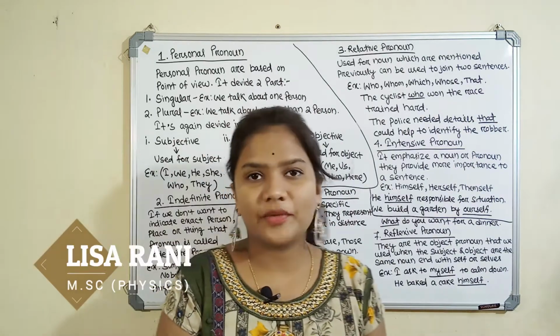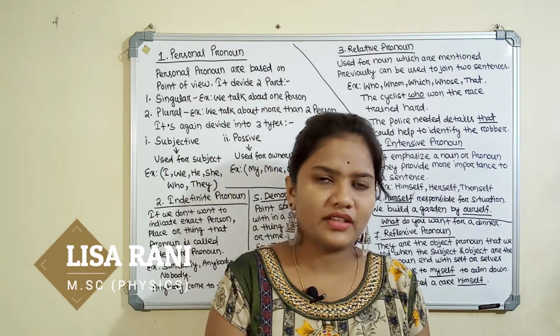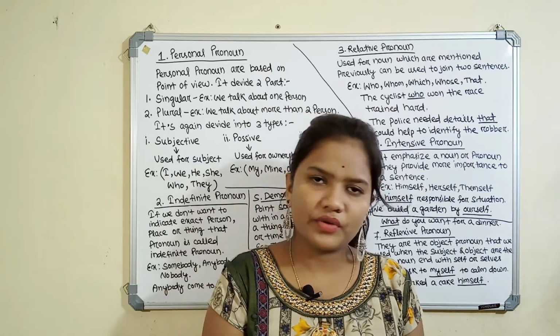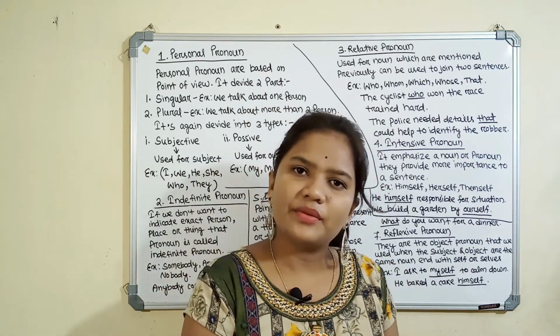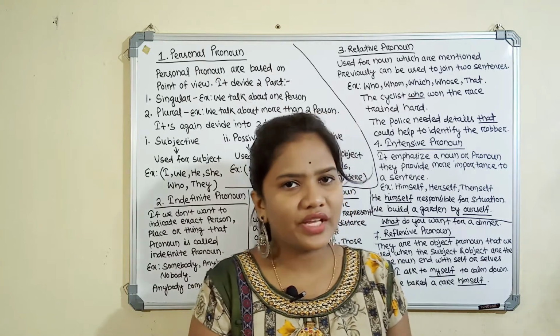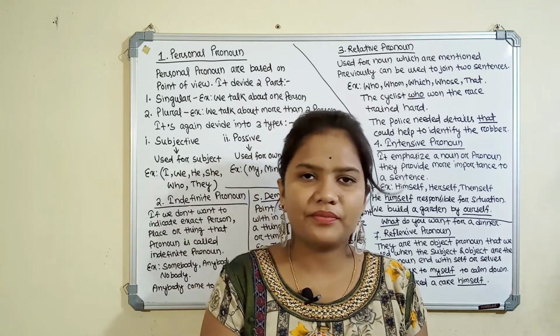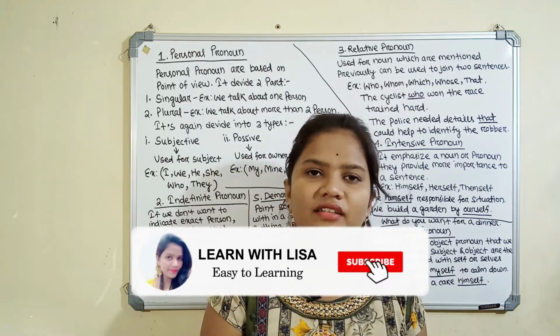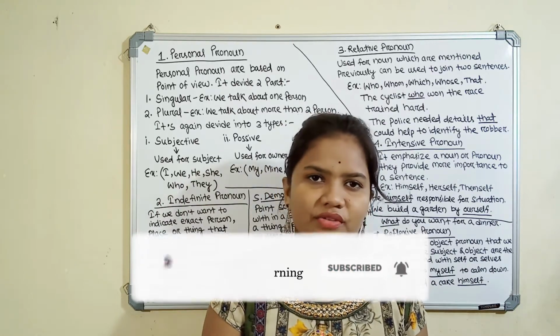So today's topic is related to yesterday's topic, that is the pronoun. I was learning about what a pronoun is and pronoun differentiation. So today we will have a brief discussion about the differentiation of pronouns. Like I was saying, pronouns are divided into 7 parts.